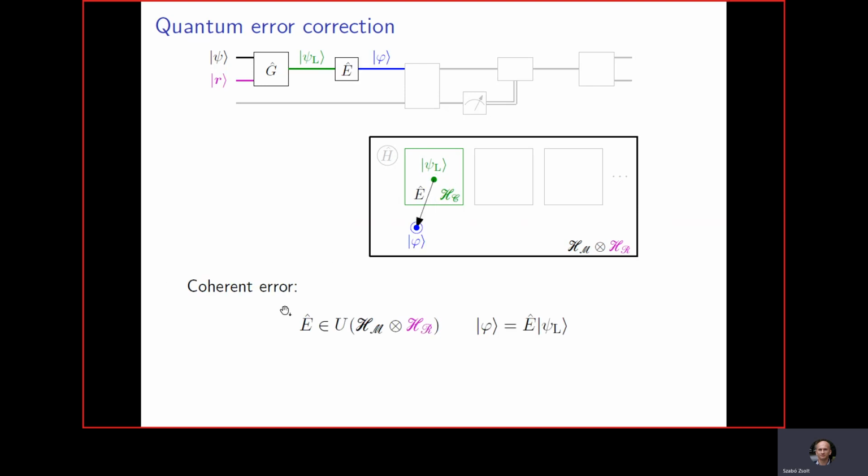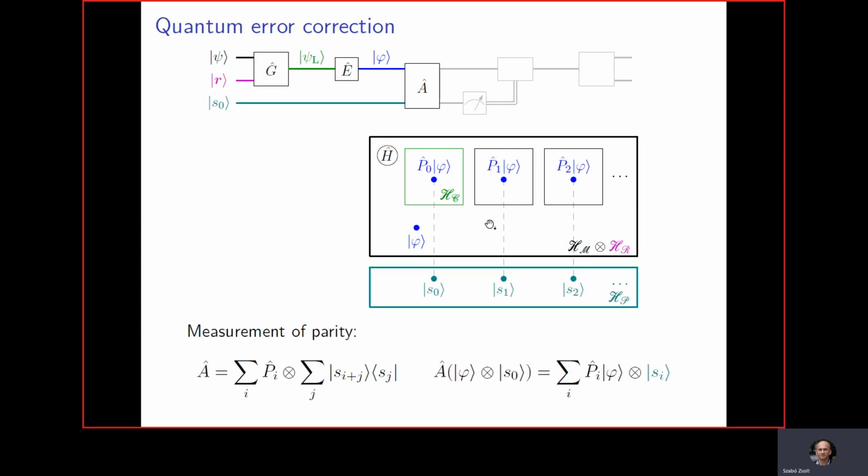Suppose that the error produced by the noise is coherent, which means that it can be described by a unitary operator E. E maps the logical state psi L onto a vector phi that may have components in each of the eigen subspaces of the parity operator H.